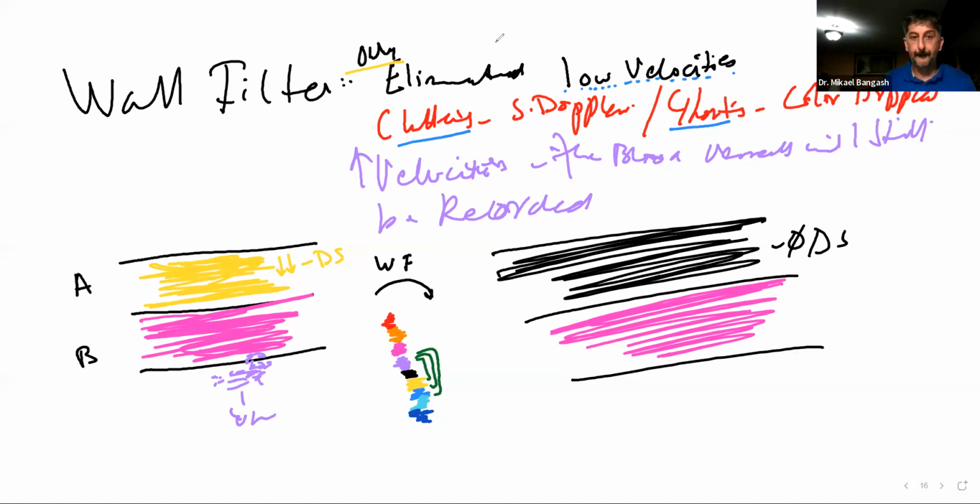Clear? But let's just say this blood vessel here had a high negative Doppler shift. Well, that will not have been eliminated. By the wall filter, we then just got rid of the ghosting, because the wall filter only took care of the very low velocities.